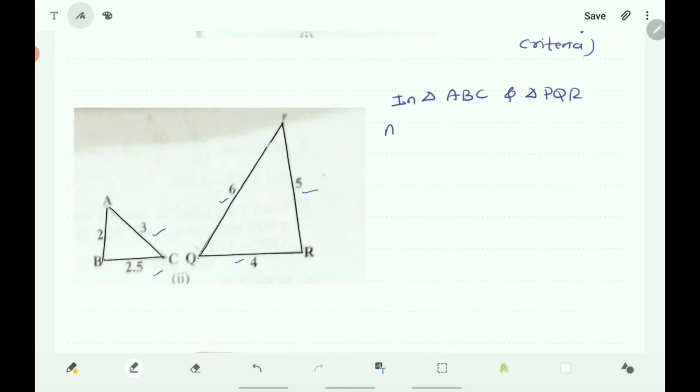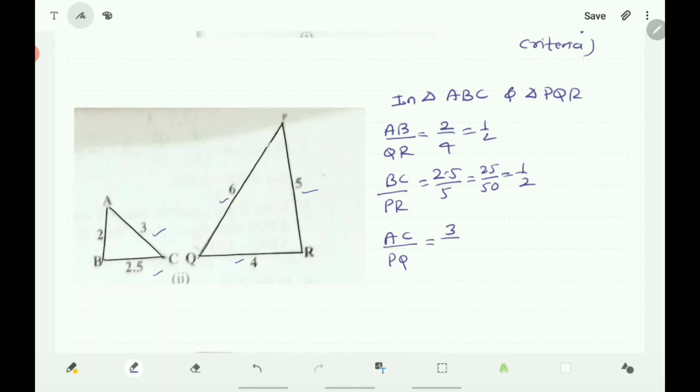So you take AB by QR. AB by QR is equal to 2 by 4, that is equal to 1 by 2. Next, BC by PR, that is 2.5 by 5, which becomes 25 by 50 if you remove the decimal point, and that is equal to 1 by 2. Next, AC by PQ, here AC is 3, PQ is 6, so you get 1 by 2.